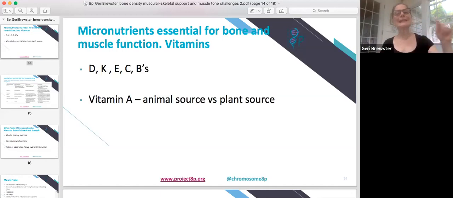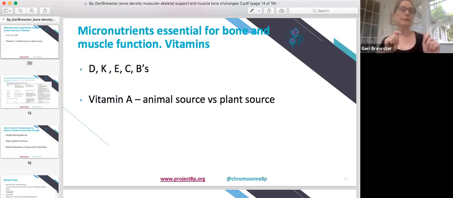And that's because excess vitamin A can actually be bad for bones. So you just want to watch the amount; you'll see it as retinol palmitate or retinol acetate as opposed to beta carotene or the plant source of vitamin A.